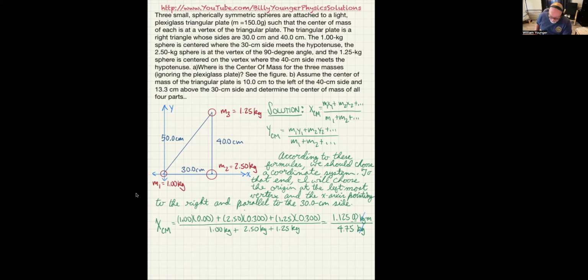So if I take the 1.125 and divide it by 4.75, I should get 3 sig figs, and that gives me 0.236.